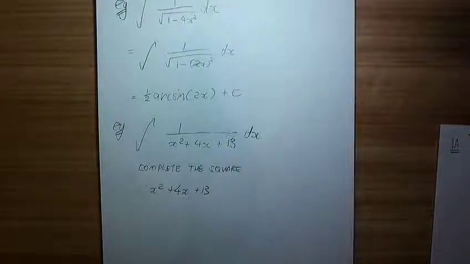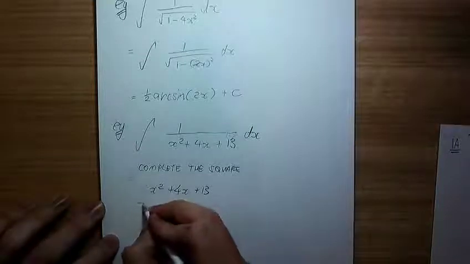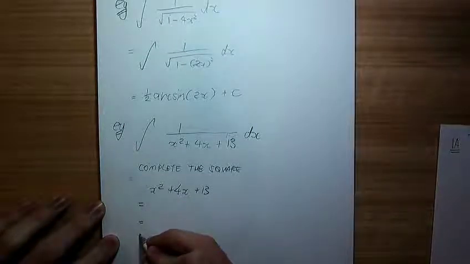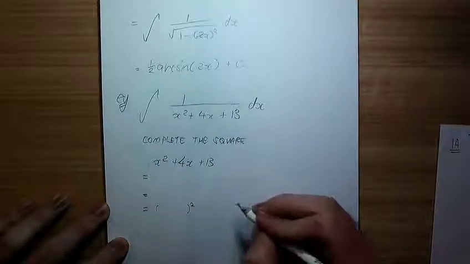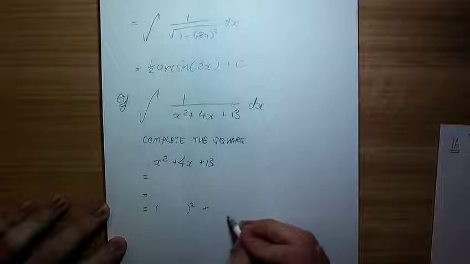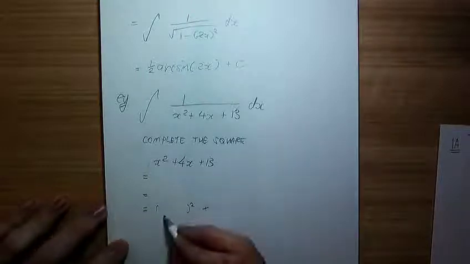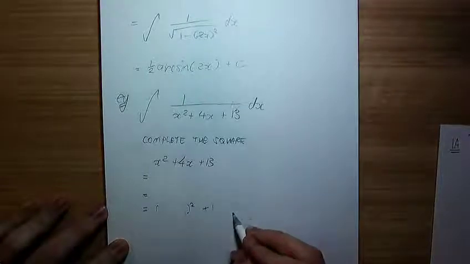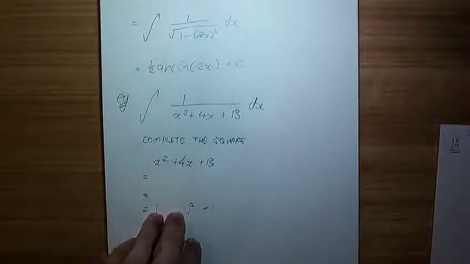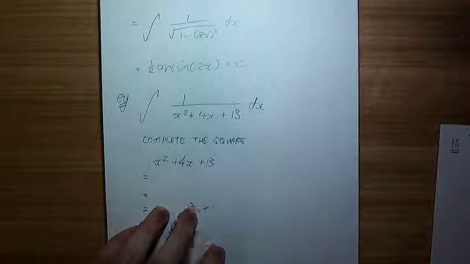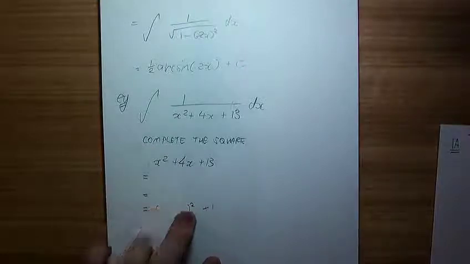So this thing, I'm going to want to rewrite. It might take me a few lines to do, so that it's like something squared, maybe plus, maybe minus something else. So something's going to go in this space here, something's going to go in this space here. When you complete the square, you imagine that if this was x plus something squared, when I expand it out, I get x squared plus 2 something x plus something squared.